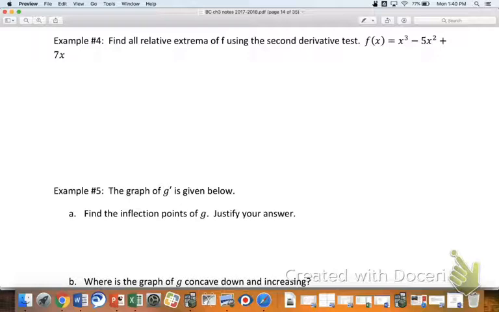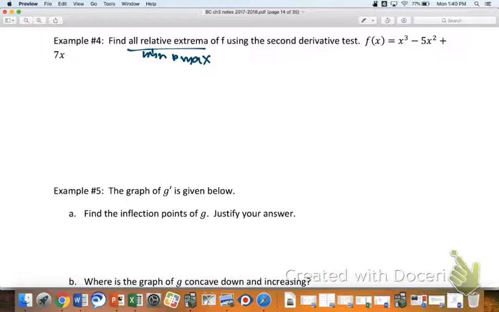All right, so let's do this one together, example number 4. I want to run you through this, just make sure we're all good. It says, find all relative extrema. We're talking about relative mins and maxes right there. So let me just ask you guys this. What are your candidates for relative extrema? Careful, right?